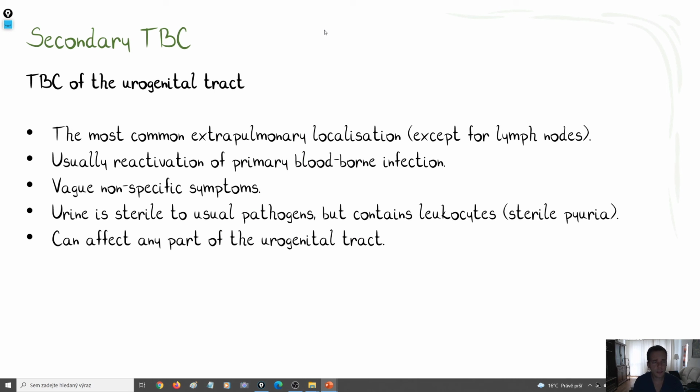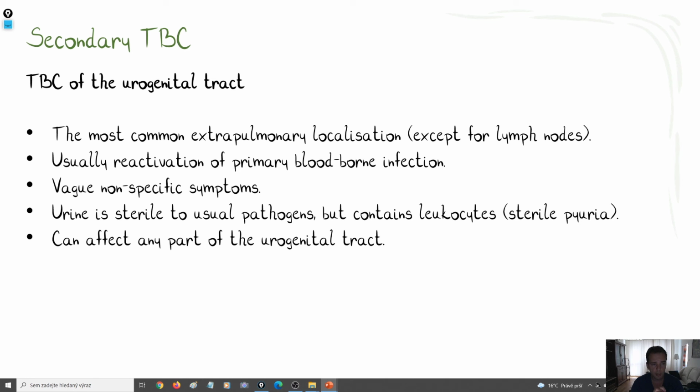And last but not least, we should briefly discuss TBC of the urogenital tract, because we are still talking about the secondary TBC, and TBC of the urogenital tract is the most common extrapulmonary localization, except for lymph nodes. Usually it's a reactivation of primary blood-borne infection. So usually there is some sort of dormant infection as a consequence of primary TBC, and this is the reactivation.